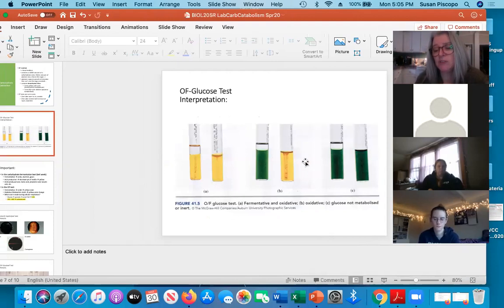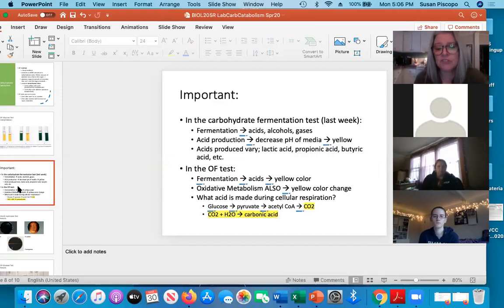This is the tube where cellular respiration is going on, the open air tube. The reason the media turns yellow in that tube is because there's acid in there. The cellular respiration produced carbon dioxide from the glucose, and the carbon dioxide mixed with the water in the broth and created carbonic acid.